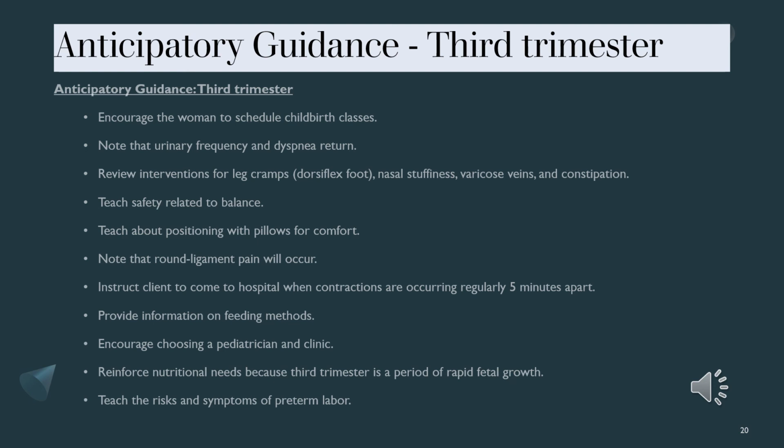As the baby gets bigger, those ligaments will start stretching and it's very painful. So we may tell mom to wear one of the belly support bands. We'll have her come to the hospital when contractions are happening every 5 minutes. We're going to want to talk about feeding. How am I going to feed this baby? What pediatrician am I going to go to? And some of the risks or symptoms of preterm labor.